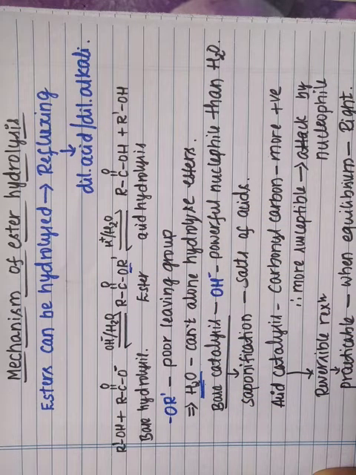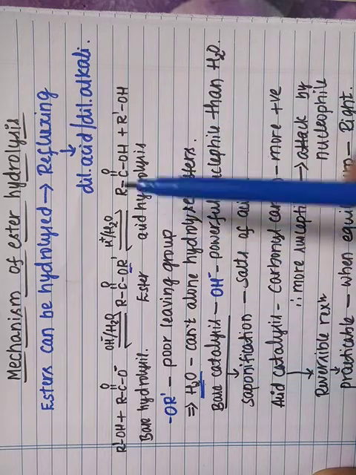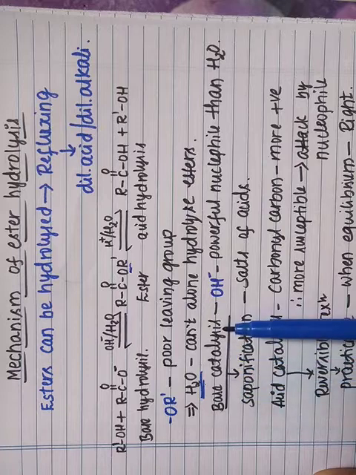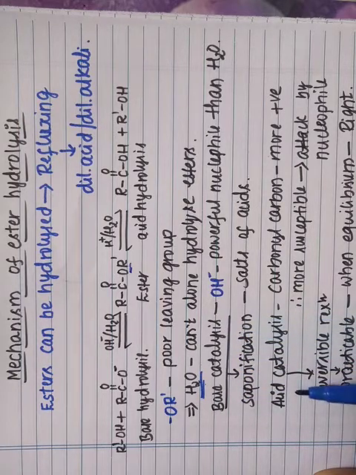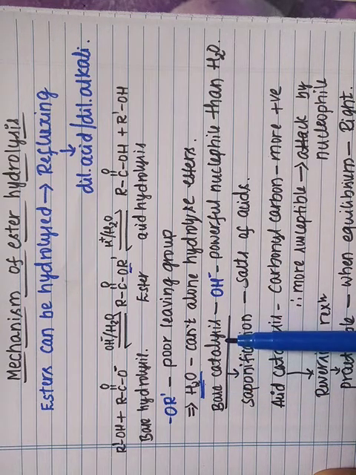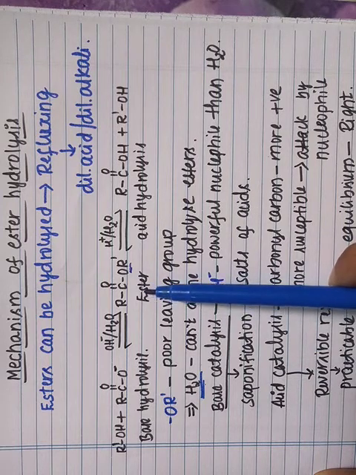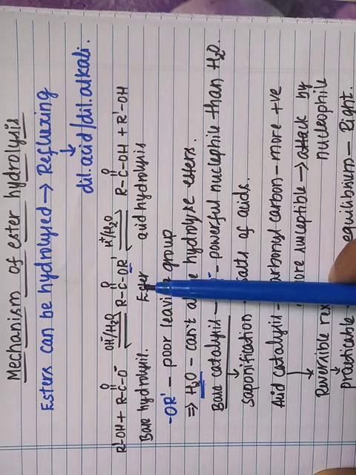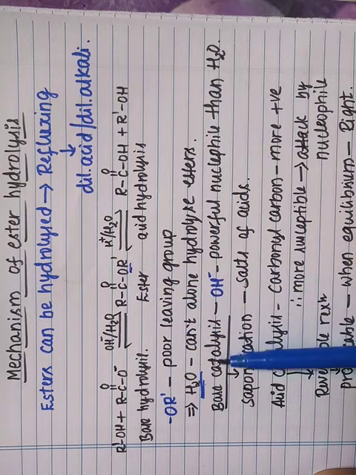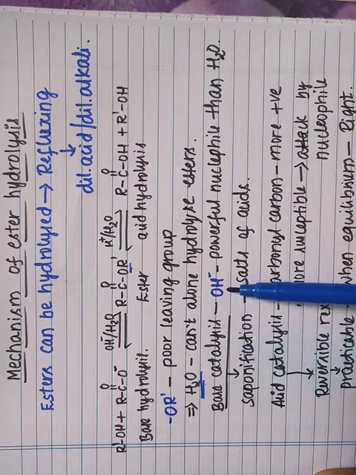Therefore, the hydrolysis of ester should be carried out either in presence of a base or in presence of an acid. In case of base catalysis, when the hydrolysis is carried out in presence of a base, the base will produce OH minus ions.